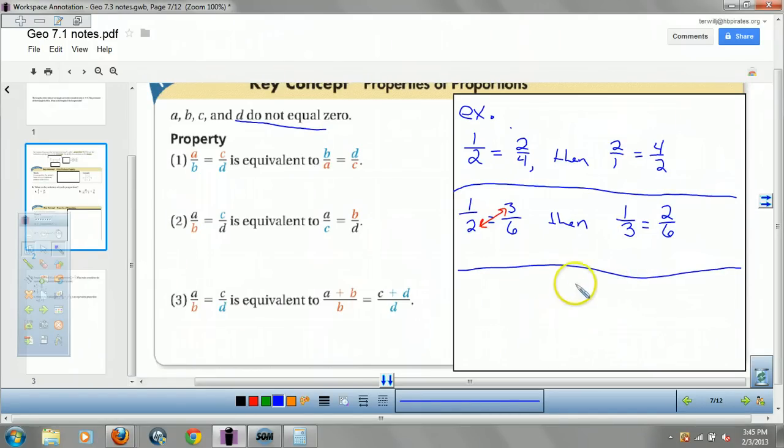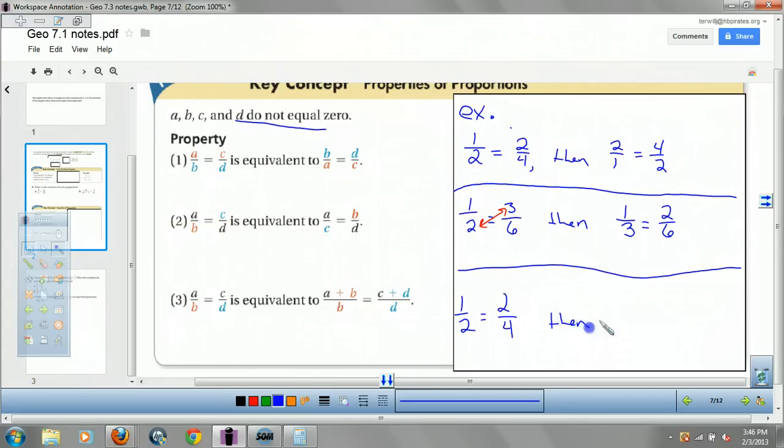Okay? And last but not least, if A over B equals C over D, then you can pretty much add whatever your denominator is to both sides. For example, if 1 over 2 equals 2 over 4, right?